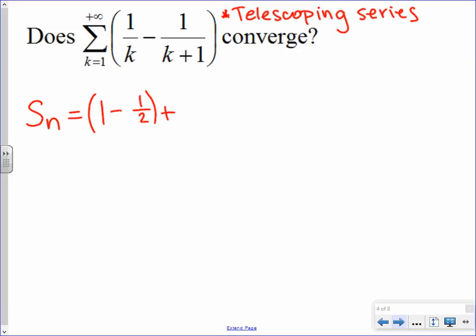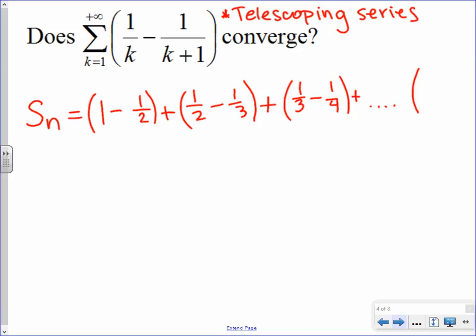Then we would add our next term when we plug in 2, 1/2 minus 1/3. And then we would add our next term when we plug in 3, 1/3 minus 1/4. All the way up until, since this is the partial sum, 1 over n minus 1 over n plus 1.